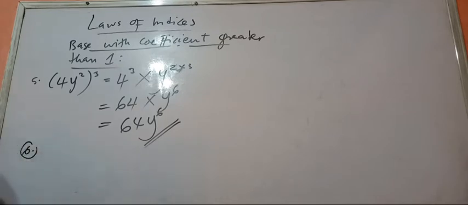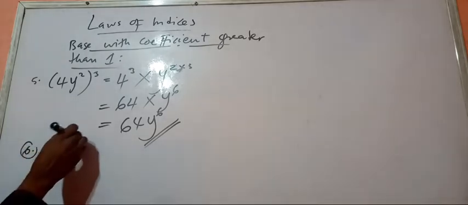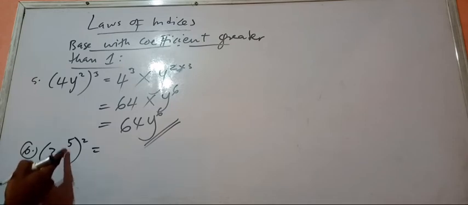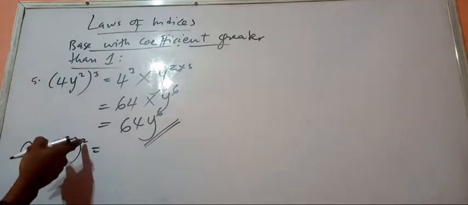Example 6, we have a question that says 3a raised to power 5, in brackets, raised to power 2. So now we have terms in the bracket and a power outside the bracket.